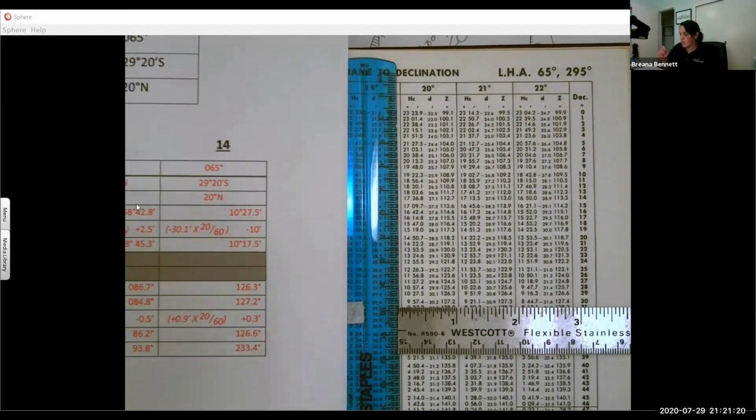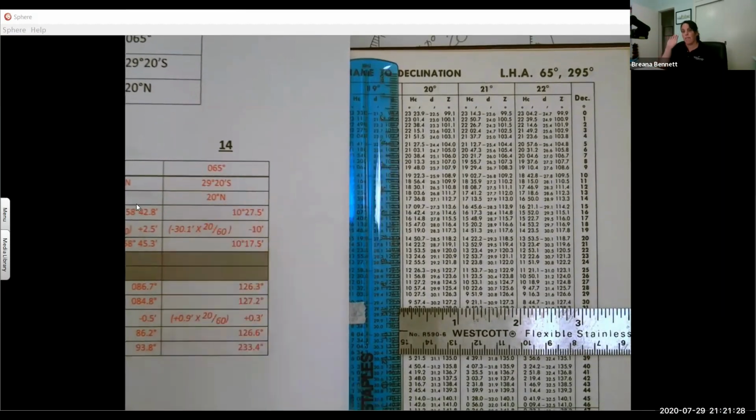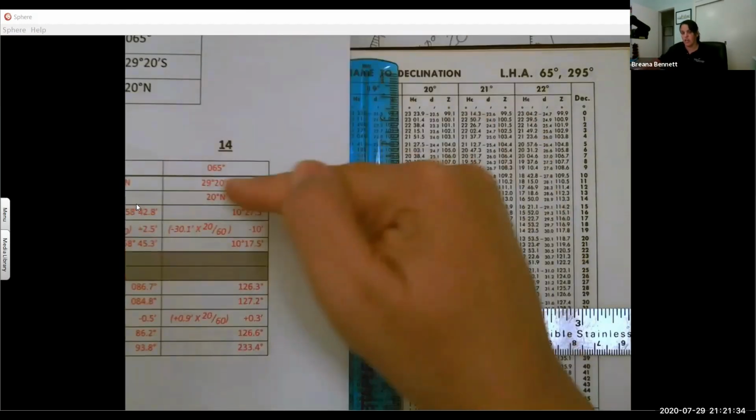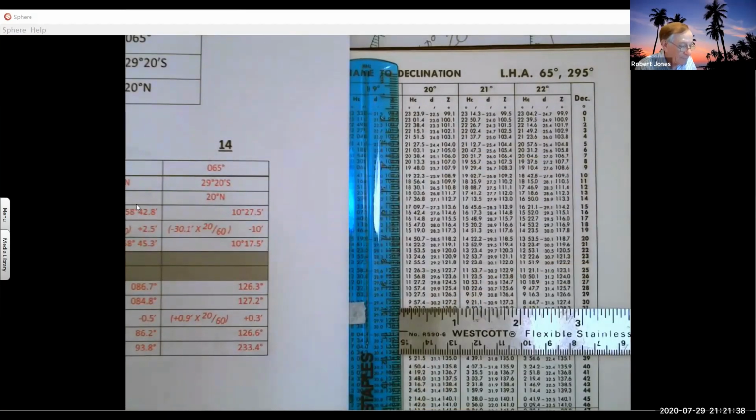So another way that you'll quickly figure out if you're on the wrong page or not is if that HC is ballpark what your HO is. You've already calculated your HO, so that HC should be within a degree or two of what you're looking for.